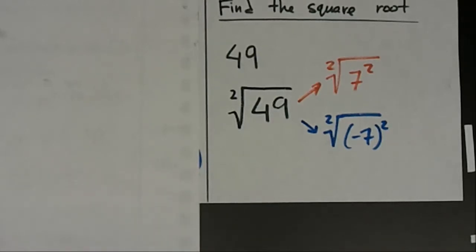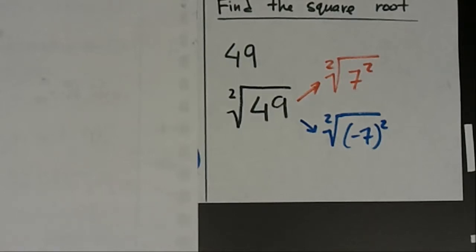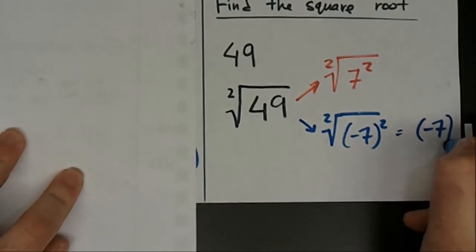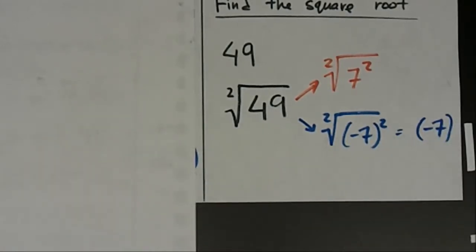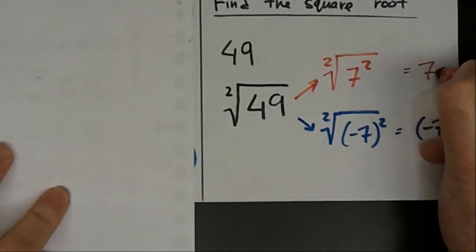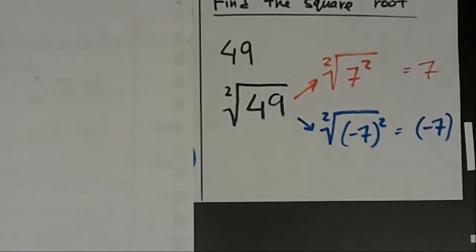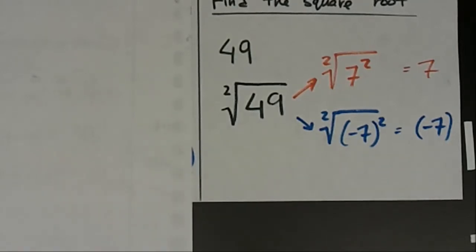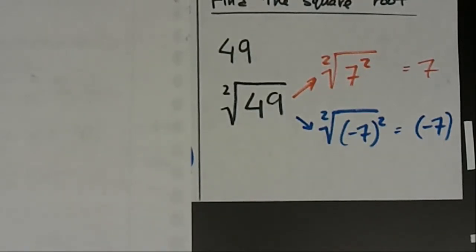What are my 2 answers? Negative 7. I guess I didn't have to write the parentheses, but, and just 7. Those are my 2 possible answers, 2 possible square roots to that particular problem. Questions so far?